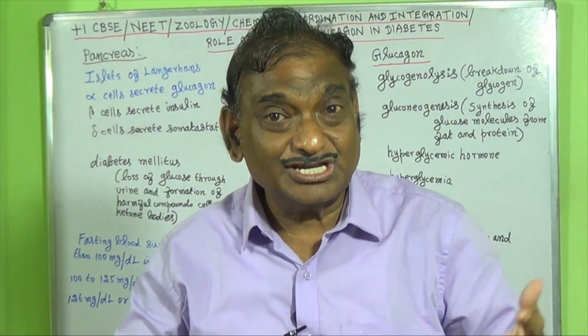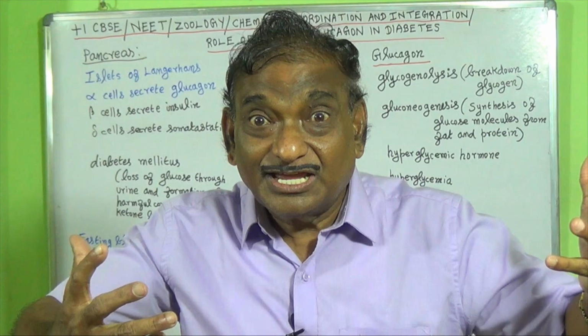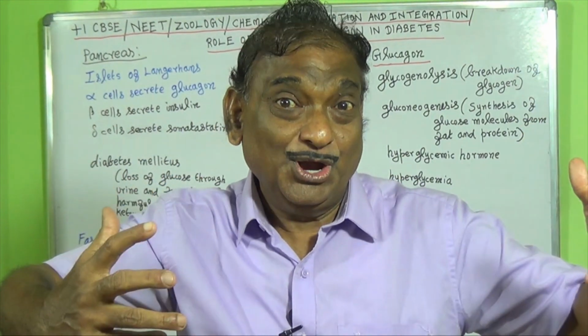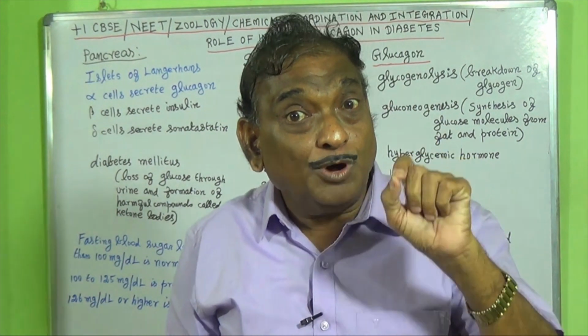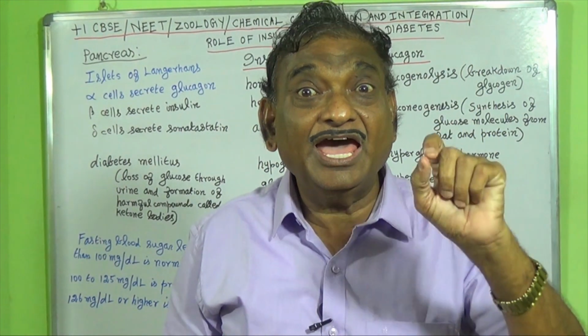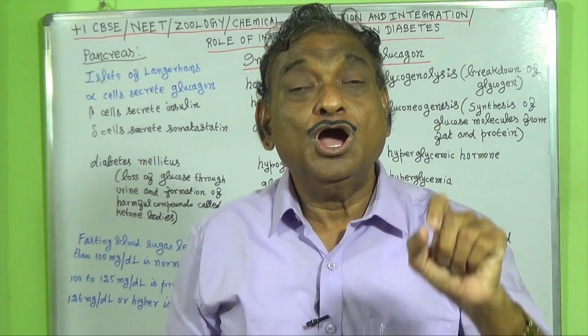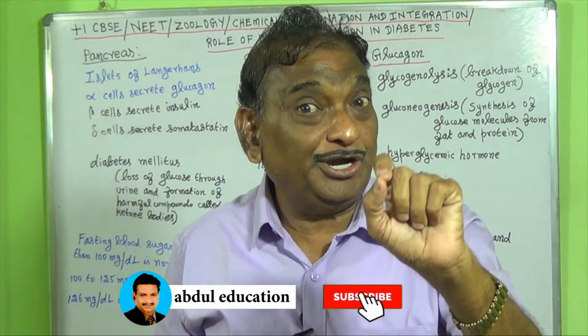Our body cells, tissues, our organs cannot get sufficient energy for their activities. Moreover, in the case of diabetes mellitus, there will be the formation of harmful compounds known as ketone bodies.